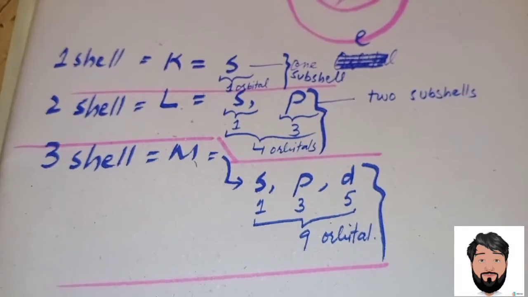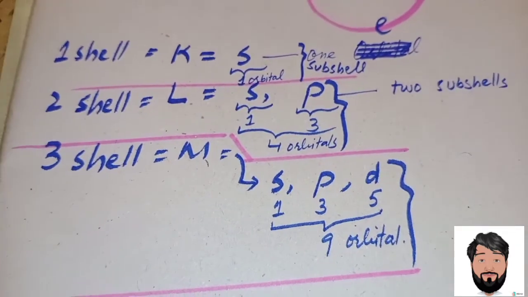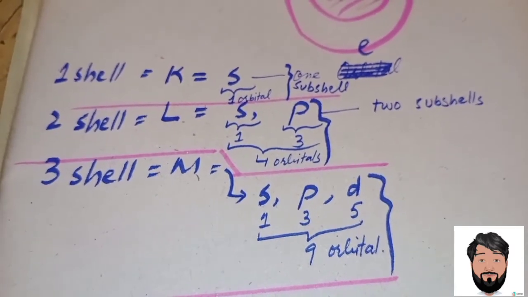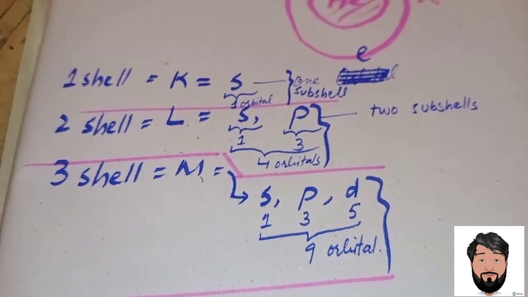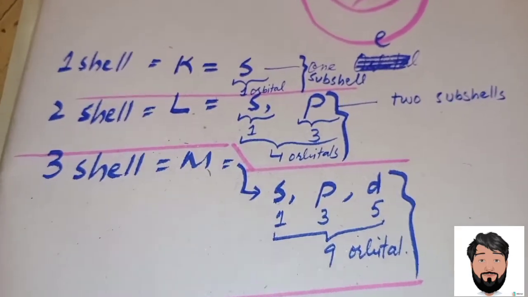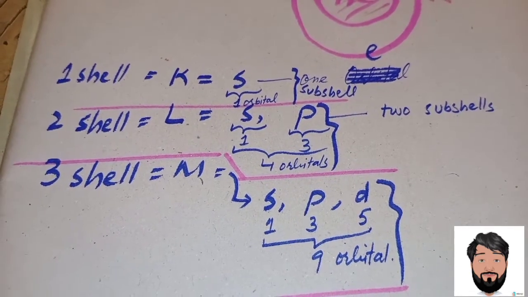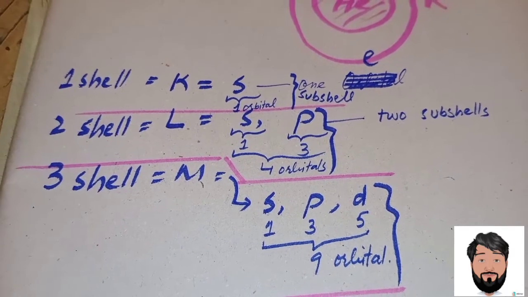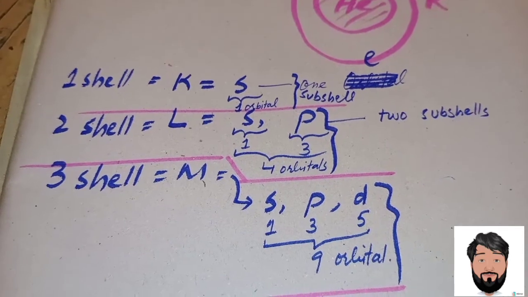The same case applies to the third shell. The third shell, also named the M shell, will have 3 subshells: S, P, D. Now S contains 1 orbital, P contains 3 orbitals, and D contains 5 orbitals. Totally 9 orbitals are there in the third shell, and we multiply 9 by 2, so the answer will be 18.